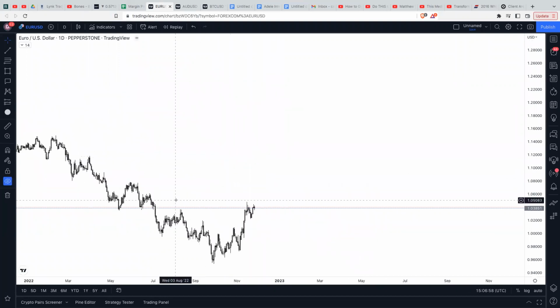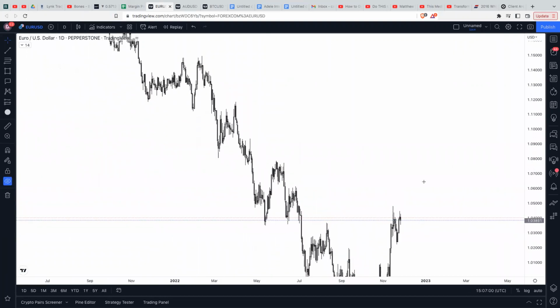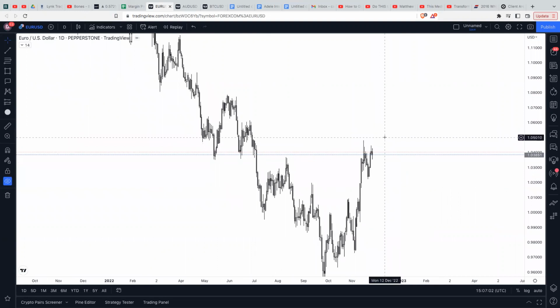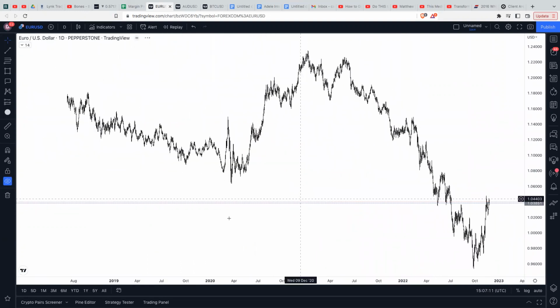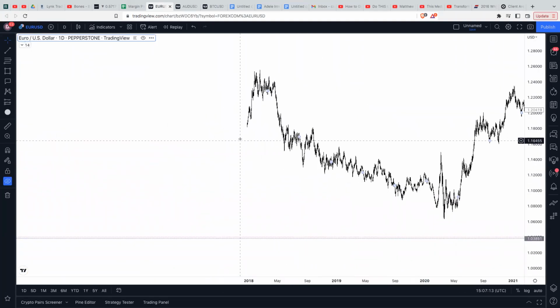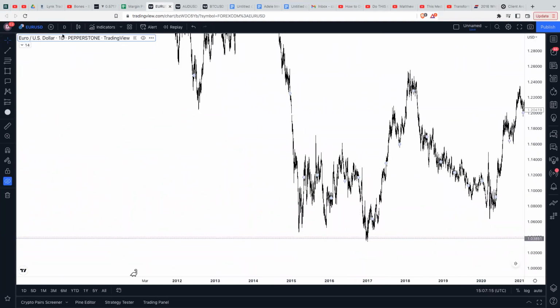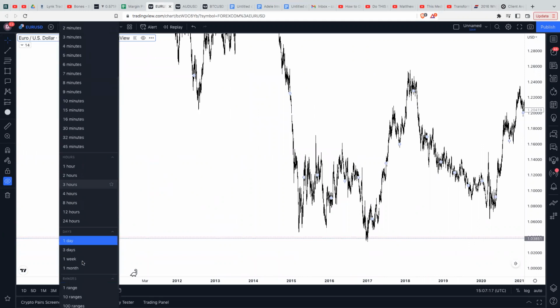It's primarily for trading and exchanging based on exchange rates of the currency. So this is the price of the euro over the dollar over time. So we can see if we zoom right out, we're in a downtrend.